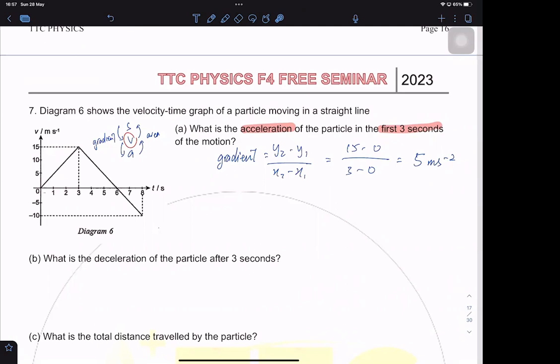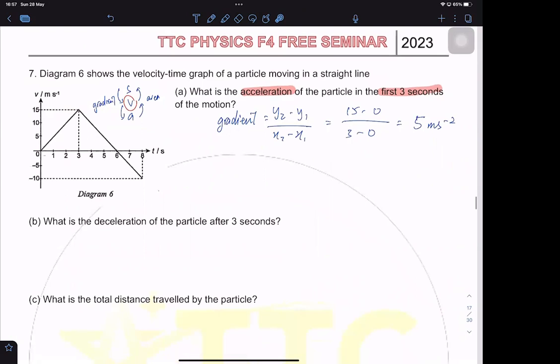Okay, what is the deceleration of the particle after 3 seconds? Again, they give you what? They give you v. You are at v already. What are they asking you for? Deceleration. They are asking you to go down again. They're asking you to find the gradient again, but for after 3 seconds. So the gradient of this line. Again, y2 minus y1 over x2 minus x1.